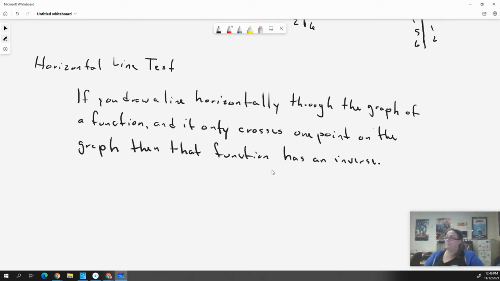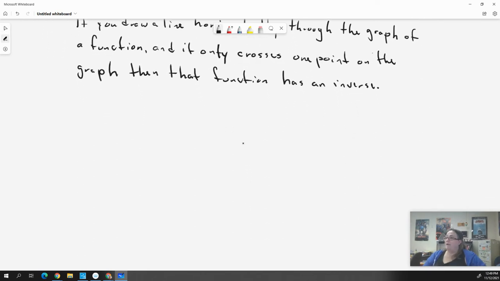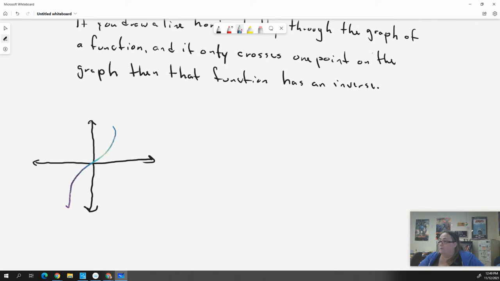So think about that. If I have a graph of a function, say, let's do cubic, right? I can draw a graph through this.